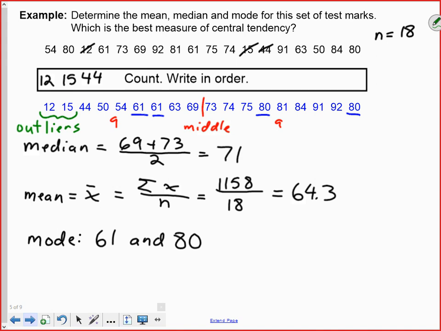Like all the other numbers are from 40 up to 80, or 40 up to 90, okay? And then 12 and 15 are way, way down at the bottom. So the effect of those two outliers is going to be to make the mean value that we calculate smaller than what the actual center or middle of the data set should be. So we are going to use the median in this case. Median is best due to outliers.